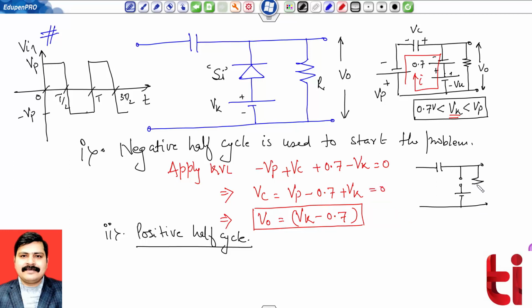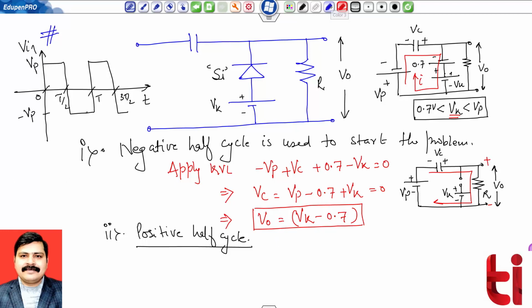So we will measure output voltage across the load resistance R. I have to find this V naught. The capacitor was initially charged to a value of Vc. Voltage Vp, and this is still there. This is my Vk. Now you can apply KVL in order to find the output voltage.